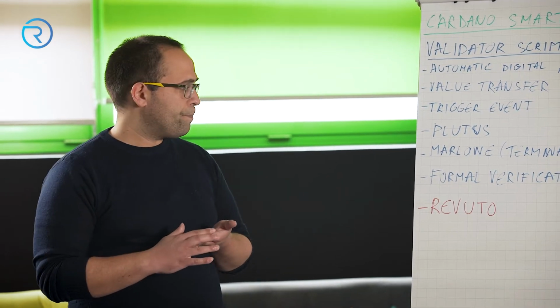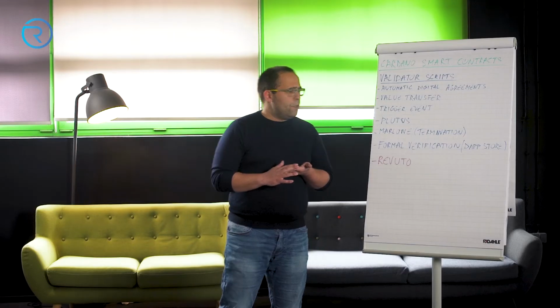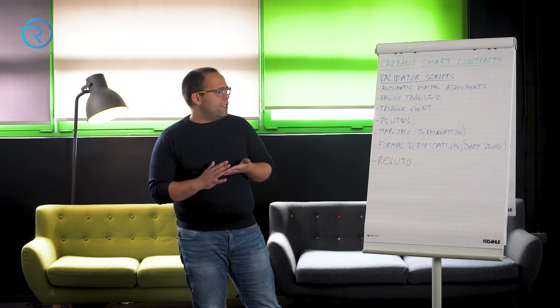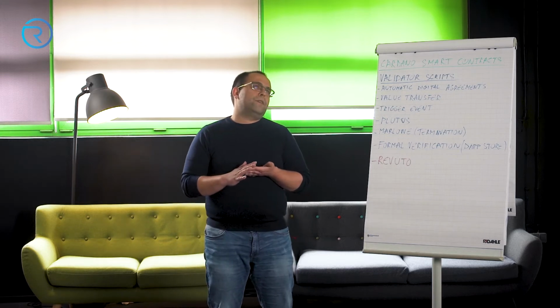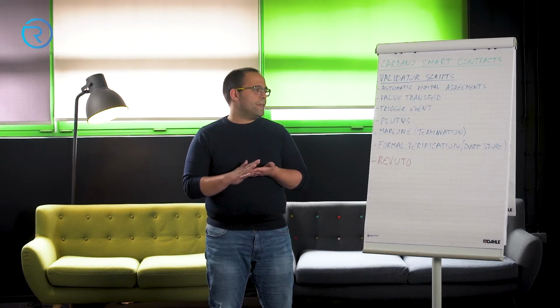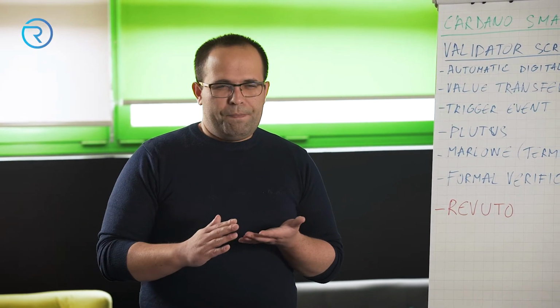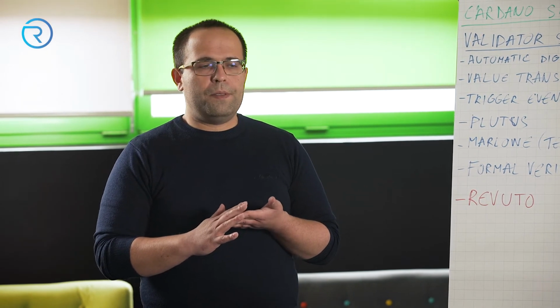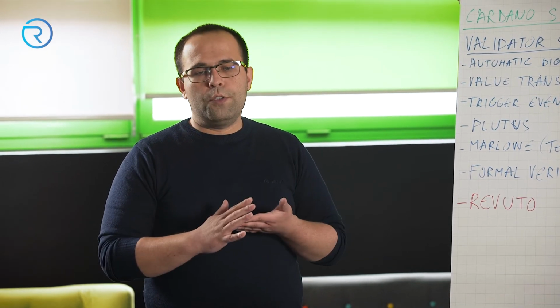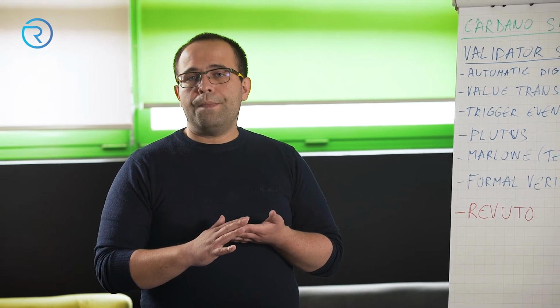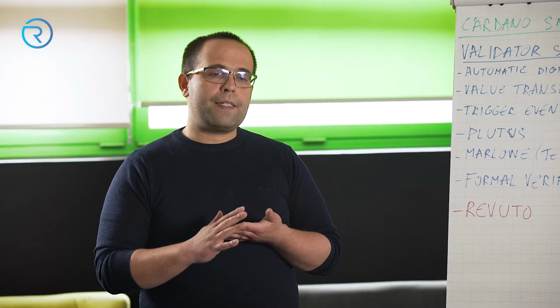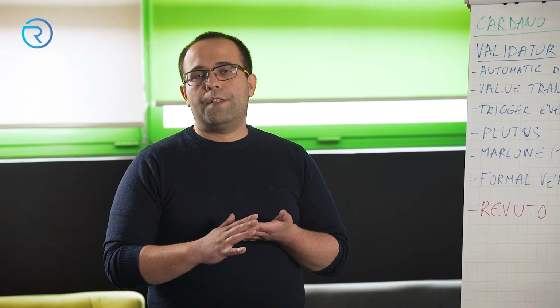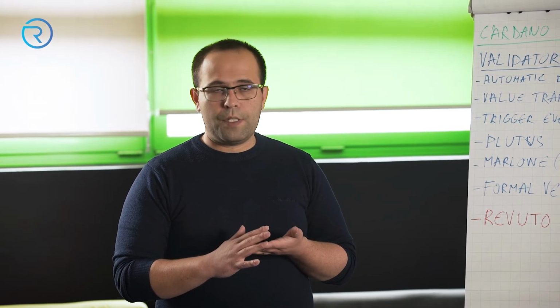Okay, so to reiterate on something that we spoke about maybe a couple of tech talks ago, formal verification, right? So all of these validator scripts, not all, but some, can hold a lot of value in them, and they can automatically decide on large transfers of value between users.